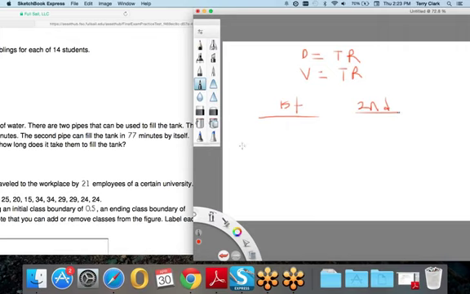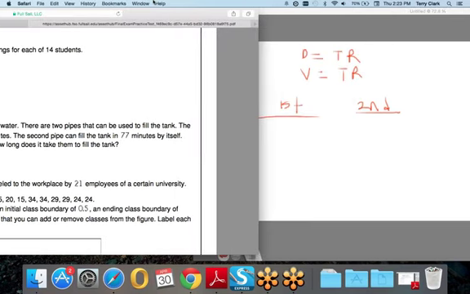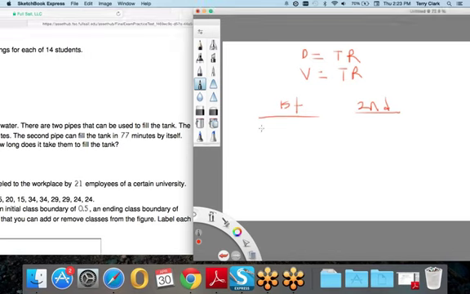Okay, so to figure out how much water each one can pump out in a minute, I know that the first pump can pump out all 7,700 liters in 44 minutes. Now to figure out how much per minute, per means to divide.